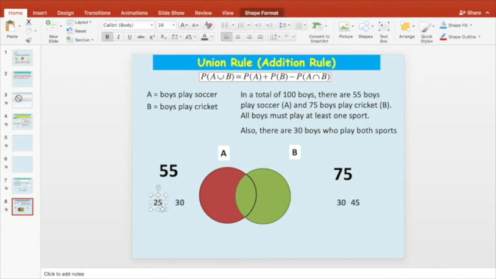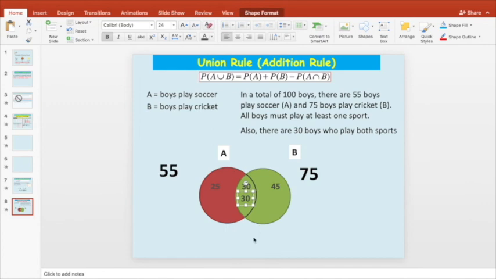So 25 and 30. Similarly with this one here, let's bring 45 into set B and 30 as well, but we put 30 within this section because this is the intersection.